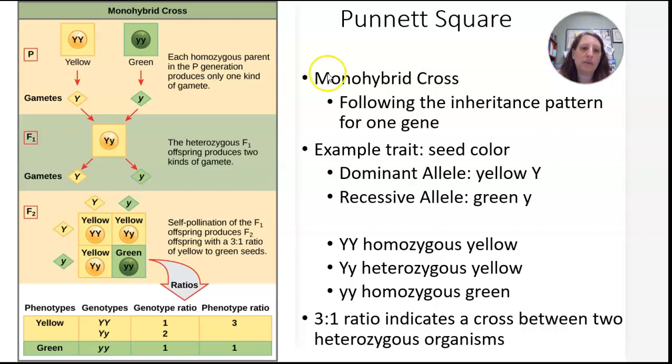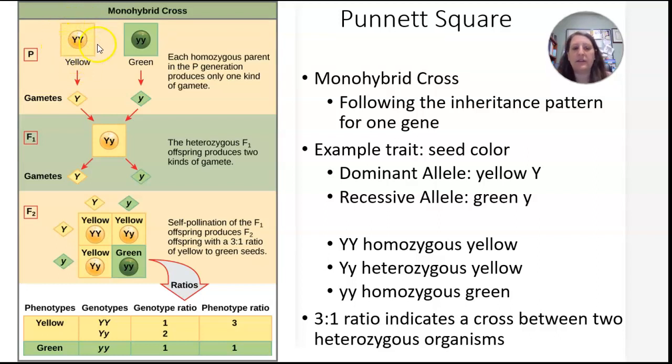Let's start up here at the top. Here are the parents. These are both true breeding plants. This particular plant is true breeding for yellow. When you hear true breeding or pure, you're thinking homozygous.